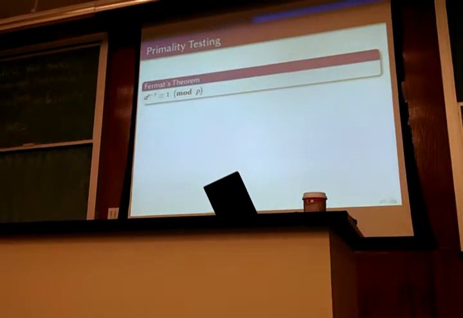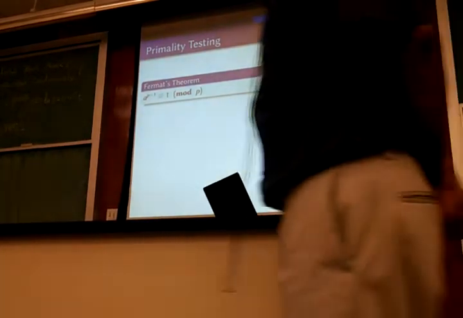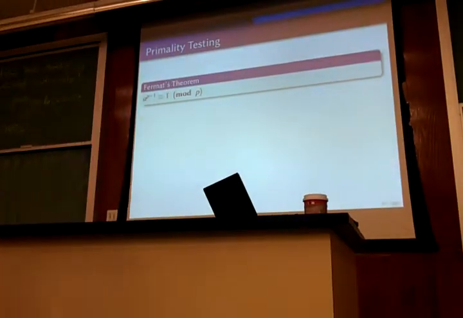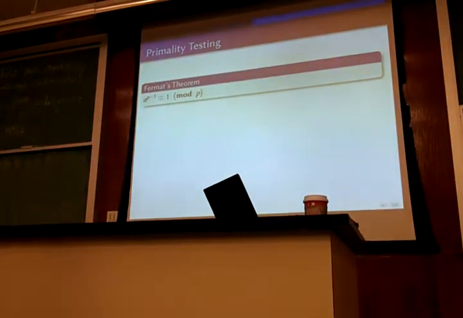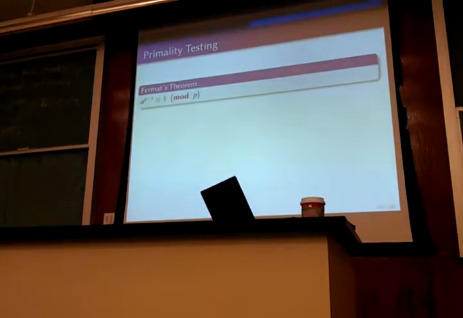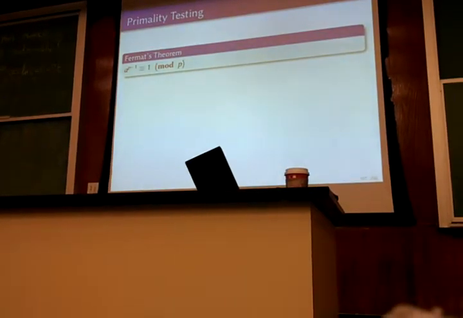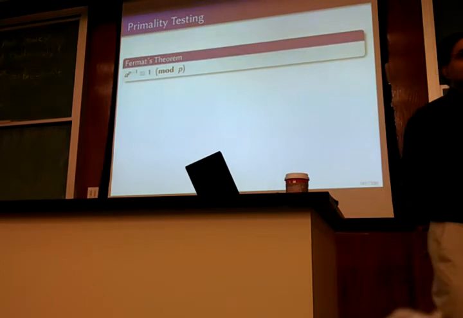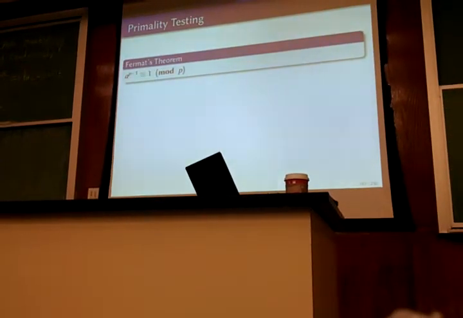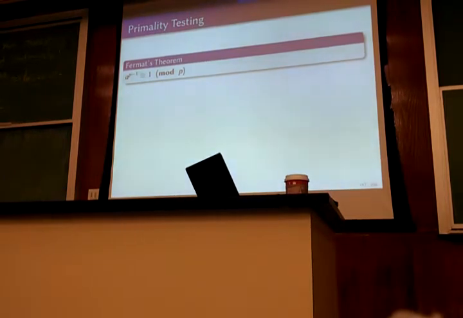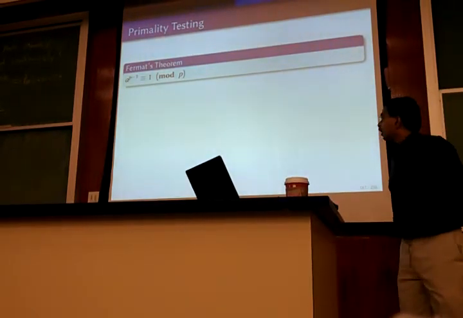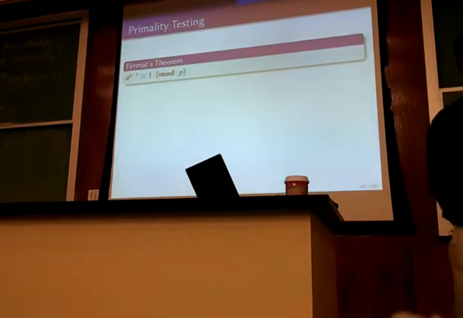So if you are given n and you are asked to check whether n is a prime number, you could check all prime numbers that are less than square root n, and that's a deterministic technique. But obviously, if your number is 2 to the power 1000, then its square root is 2 to the power 500, which is still way larger than what you can do. Right? So what you are left with are primarily these probabilistic techniques.